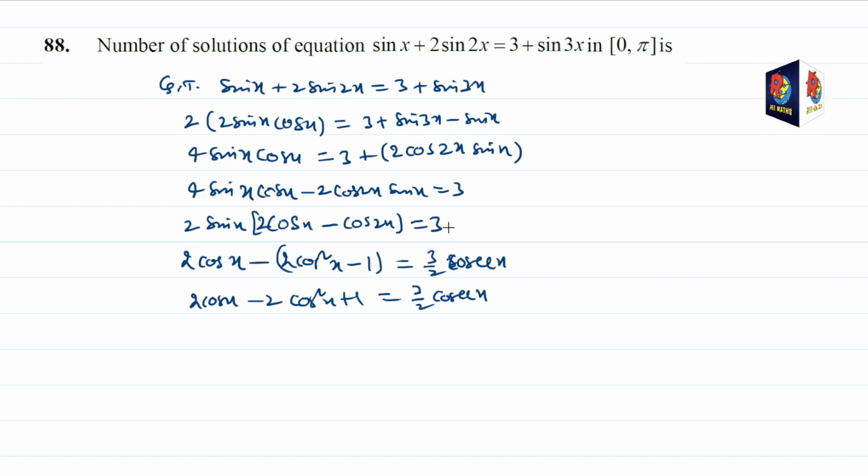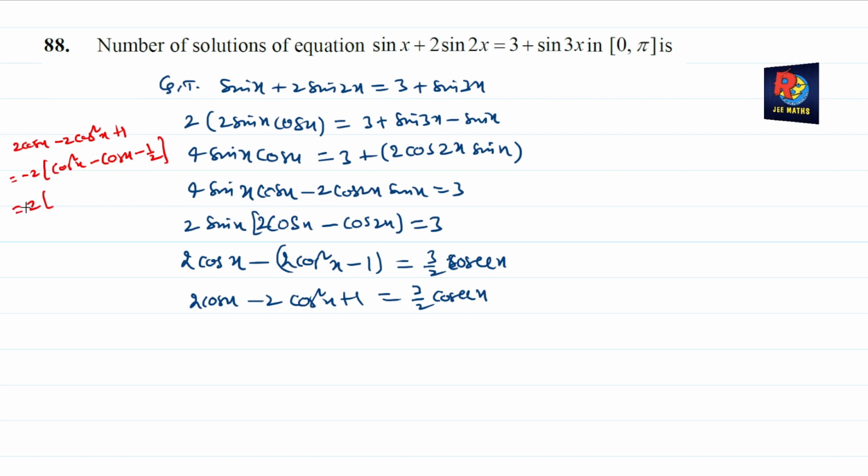I can write these bracket values. 2 cos x minus 2 cos square x plus 1 value. If I take minus 2 as common, then cos square x minus cos x minus 1 by 2.